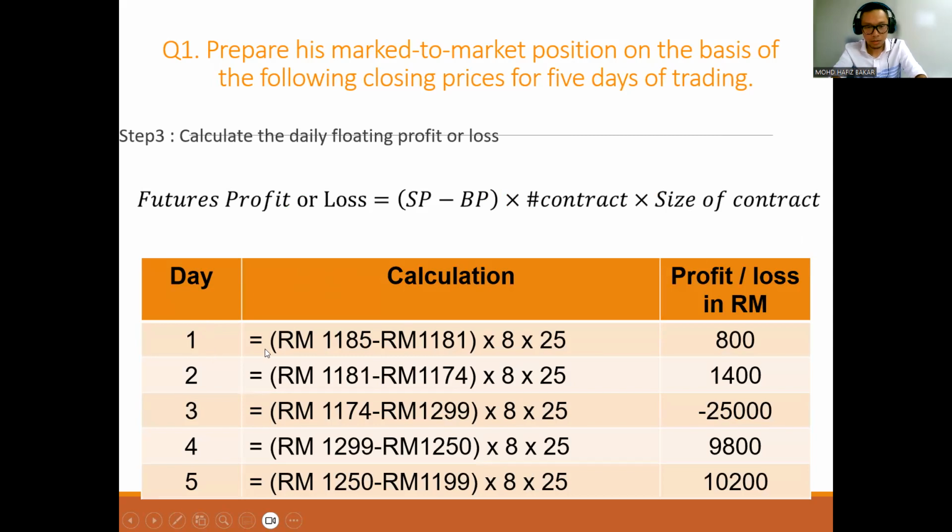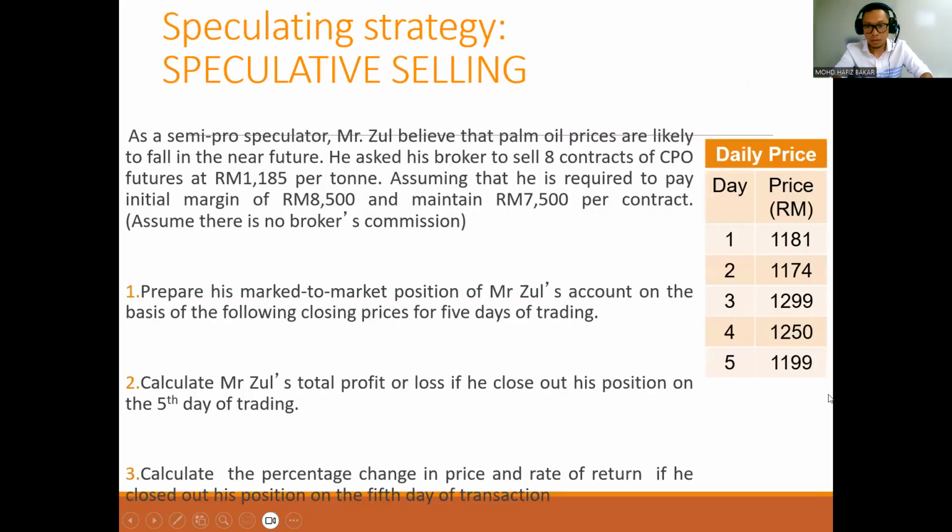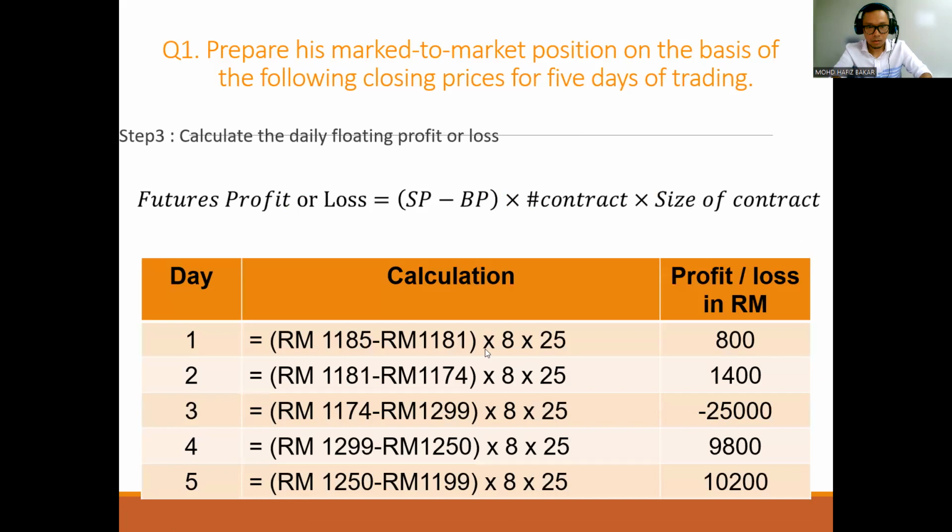Okay, and then you prepare the profit or loss for each of the particular days. Day 1, 1181. Day 2, 1174. Okay, so the original contract price is 1185. To calculate for day 1, the original value of the contract, 1185, minus the price of day 1. 1185 minus 1181 equals 4. 4 times 8 times 25 equals 800.